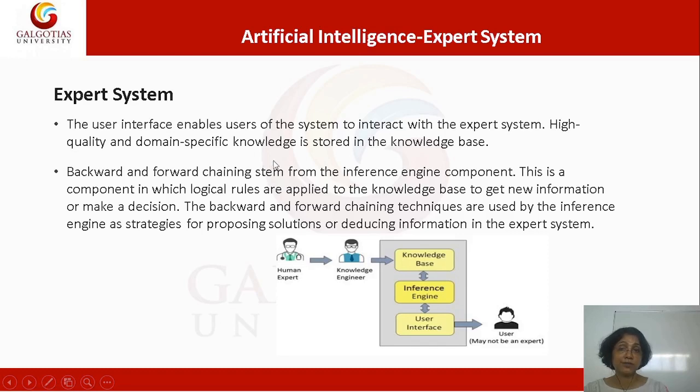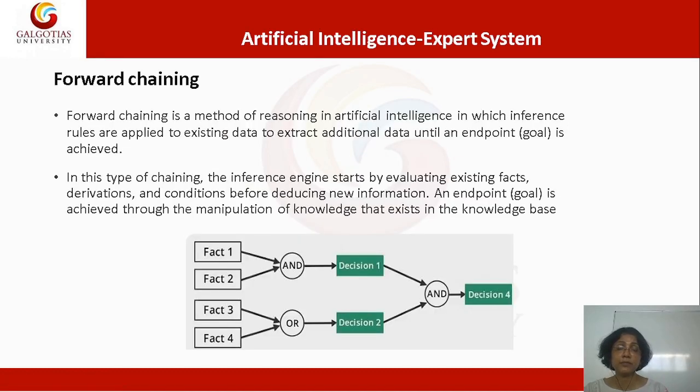High quality and domain specific knowledge is stored in the knowledge base. The inference engine applies logical rules to the knowledge base to deduce new information or a decision. The backward and forward chaining techniques are used by the inference engine as strategies for proposing solutions or deducing information in the expert system. Now, what is forward chaining?